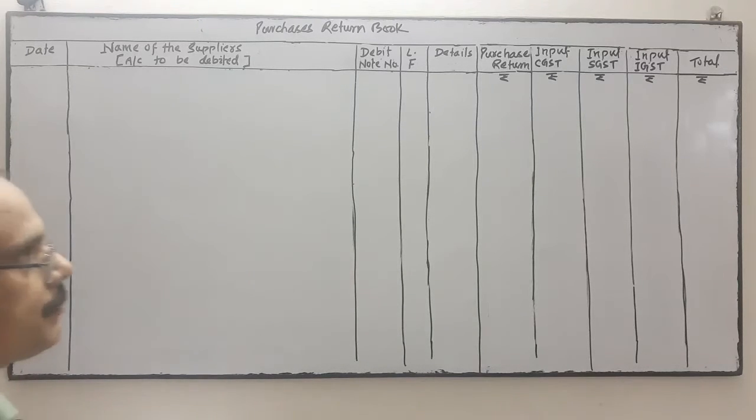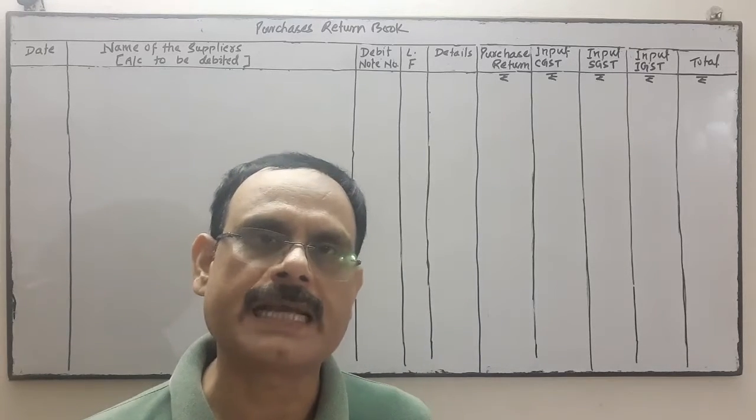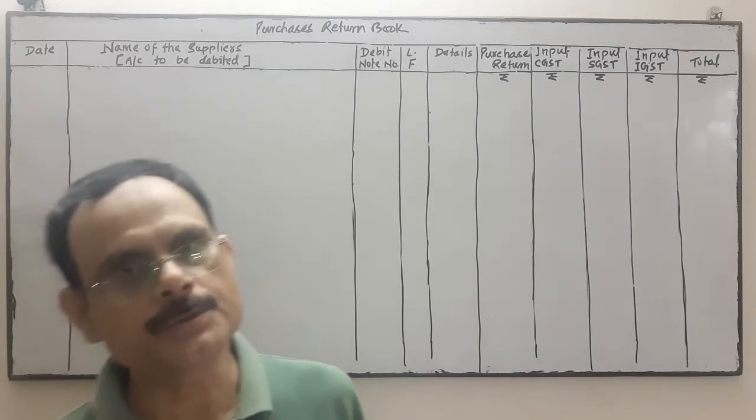So let us start with this question. We are going to solve one question related to the purchase return book. Which type of transaction is recorded in the purchase return book?